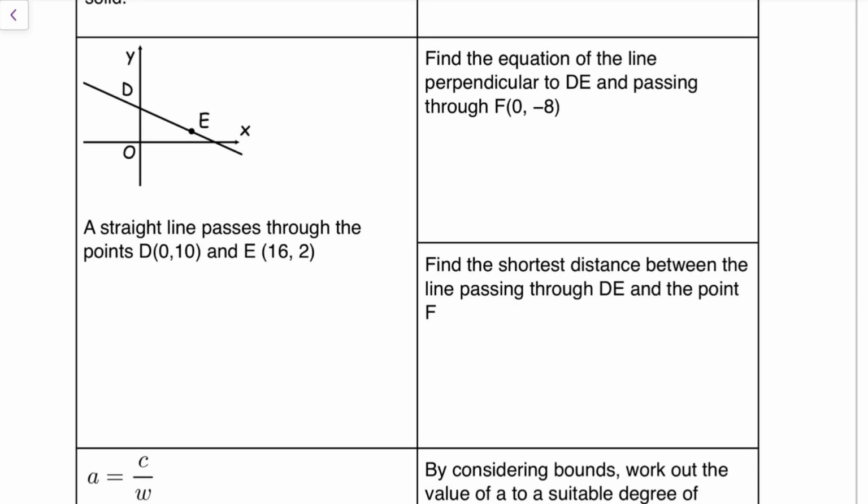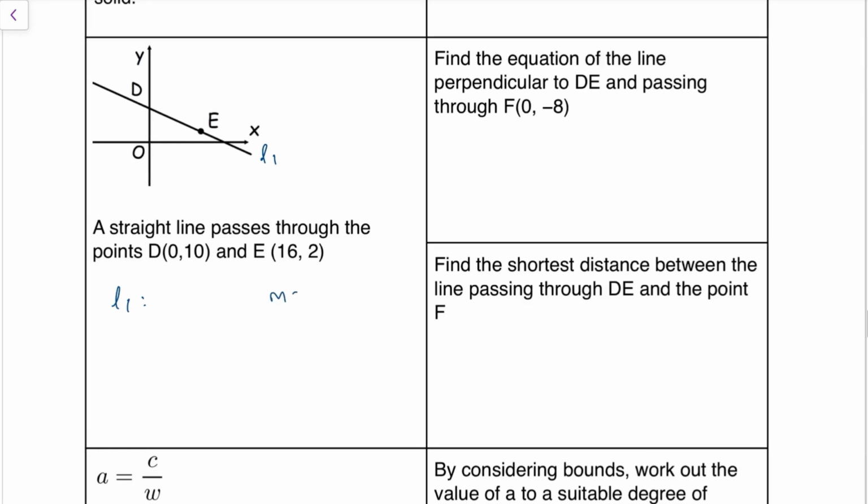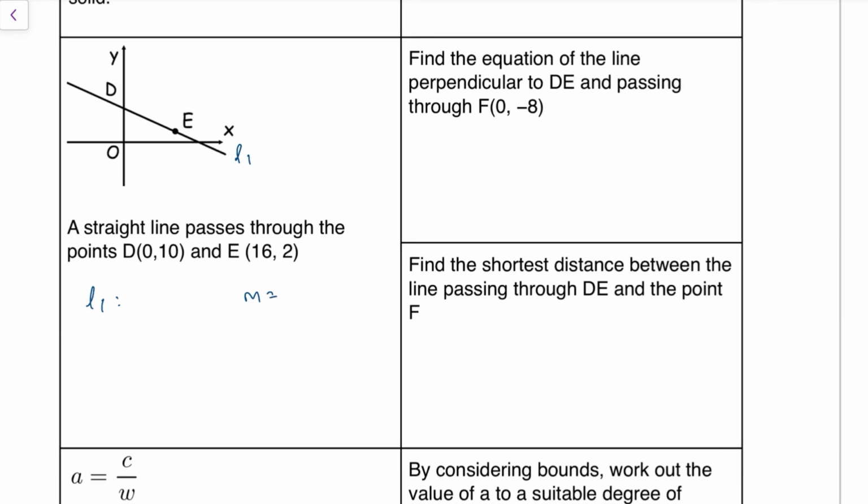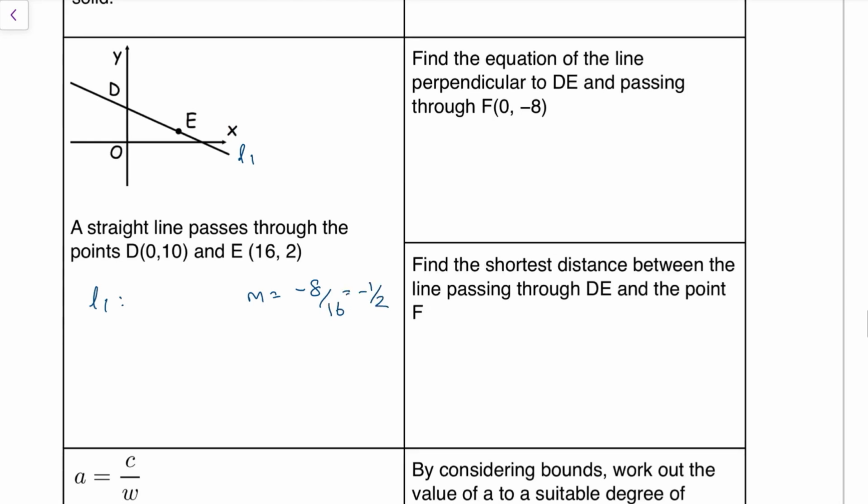It would be helpful, and I'm going to call this L1, if we had the equation of the line L1. So L1 has gradient. Now I may not need this in fairness, but I'm going to do it anyway. Going from 10 to 2, which is minus 8, and in that time I go from 0 to 16, which is plus 16, which means my gradient is minus a half.